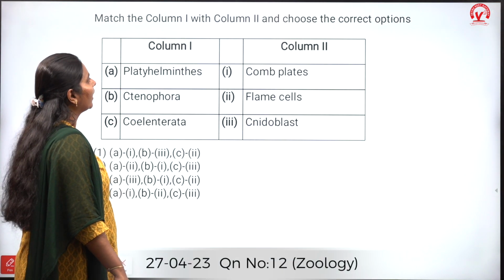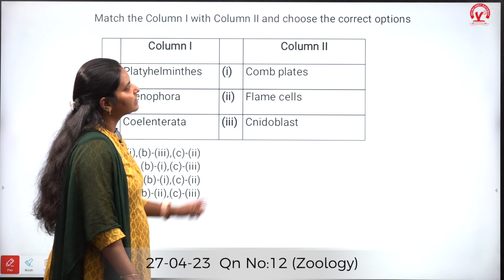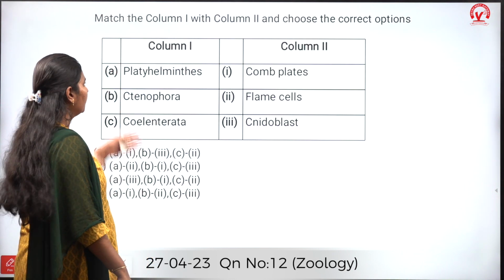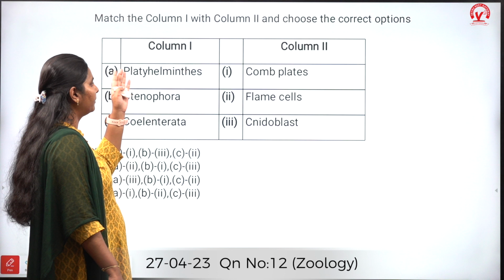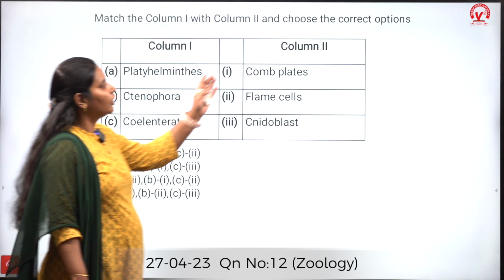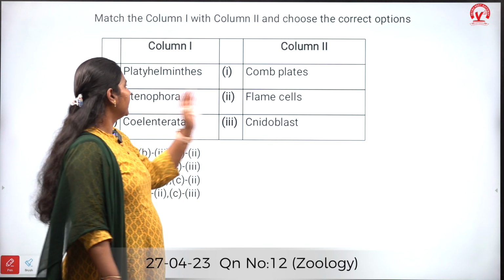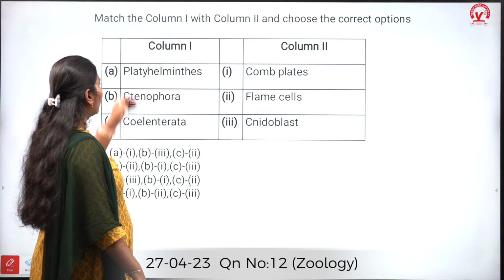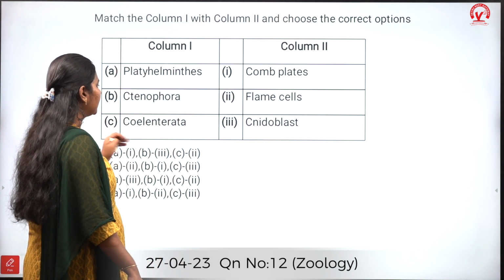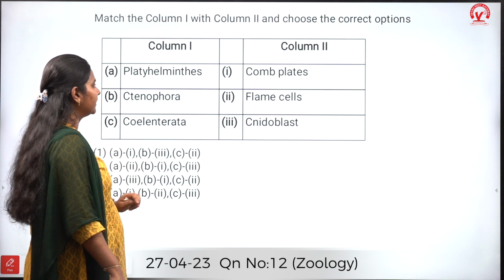Match column 1 with column 2 and choose the correct option. In column 1 they have given some of the phyla of the animal kingdom, and in column 2 they have given their specialized characters. We need to match the correct ones. First in column 1 they have given Platyhelminthes, Ctenophora and Coelenterata.